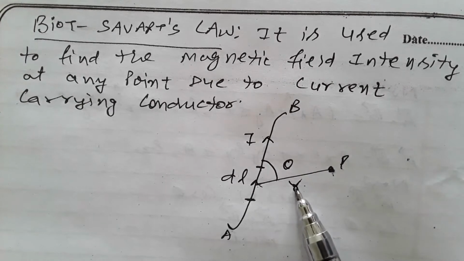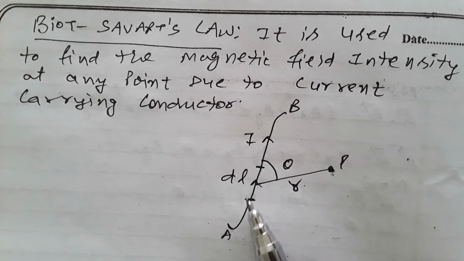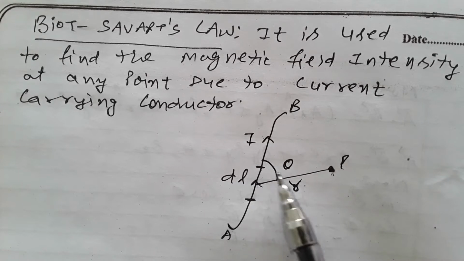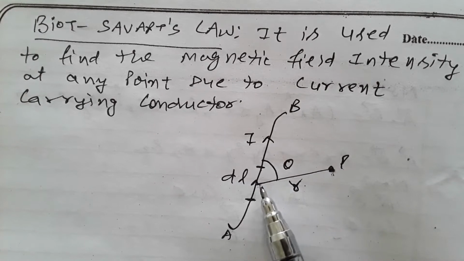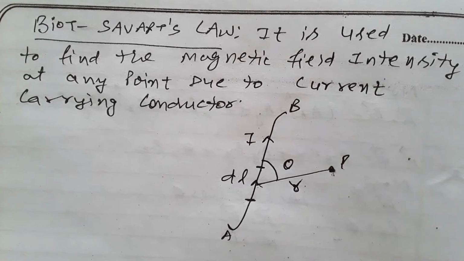This r is the distance between the point P and the small length element dl. This line r makes an angle theta with the conductor.